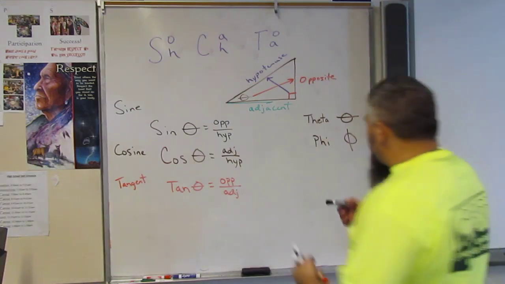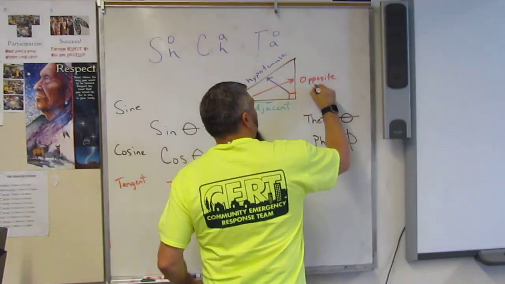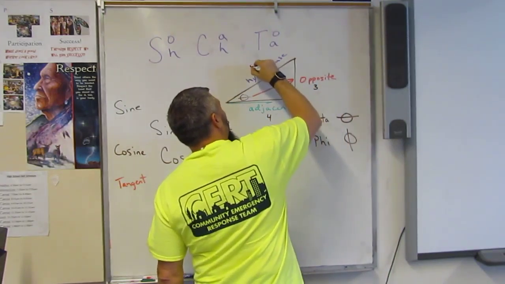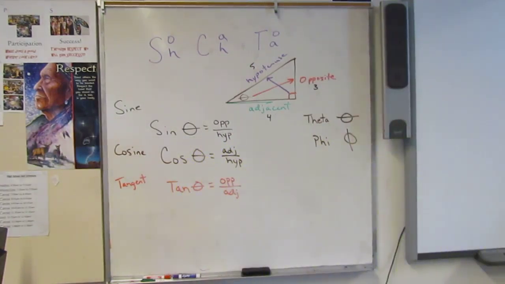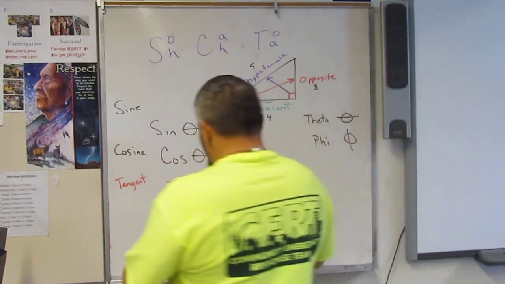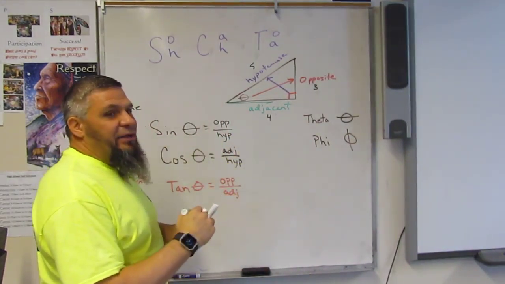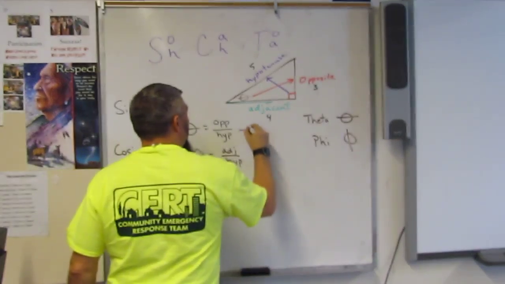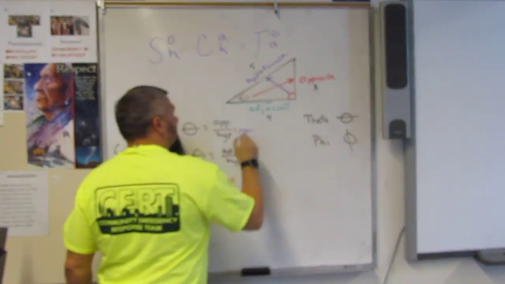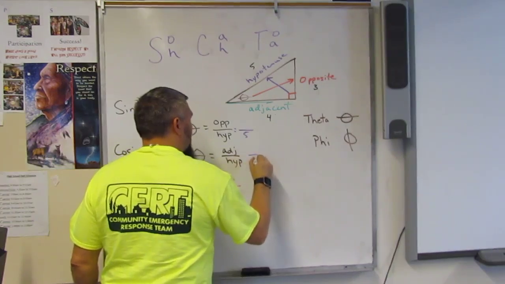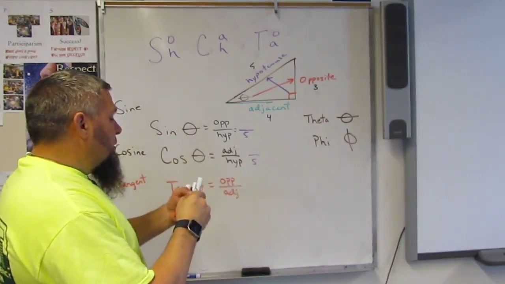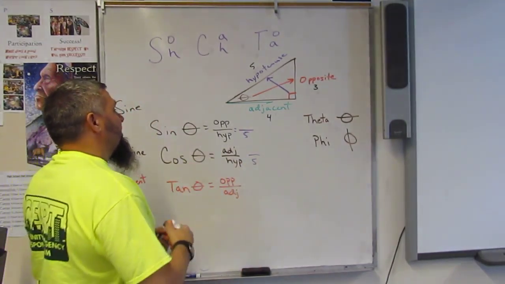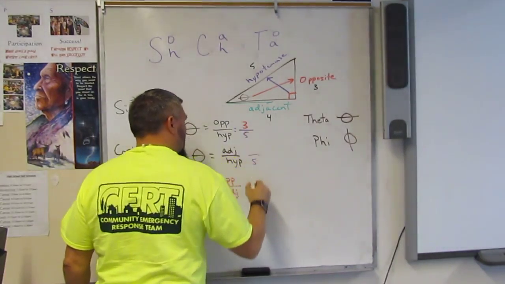So, if I look at it, this is 3, right? This is 4. And of course the longest side would be 5, right? And then I just plug them in. The hypotenuse, well, that's the purple 5. The opposite, well, that's the 3.